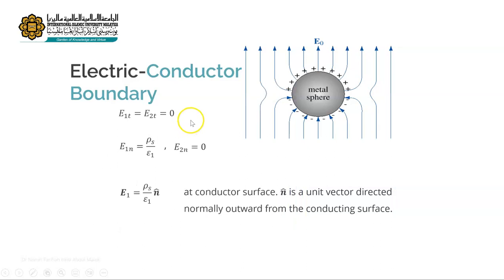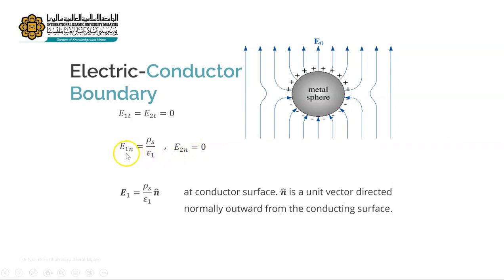Okay, so the electric conductor boundary. For the previous example, we have E2T is equal to 0. So this gives E1T equals 0 as well. So you don't have tangential E already. So tangential E would be equal to 0. And then for E2, just now, because it is a perfect conductor, medium 2 is equal to 0.